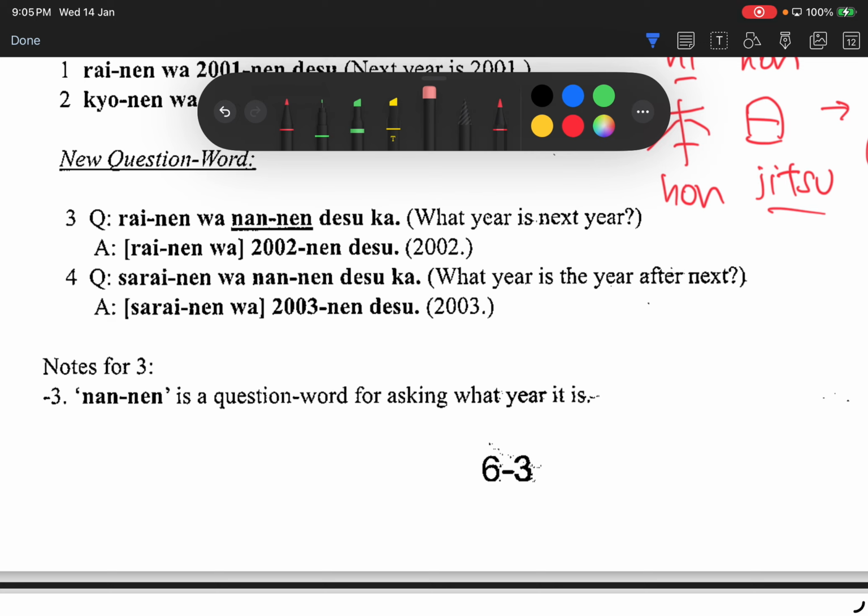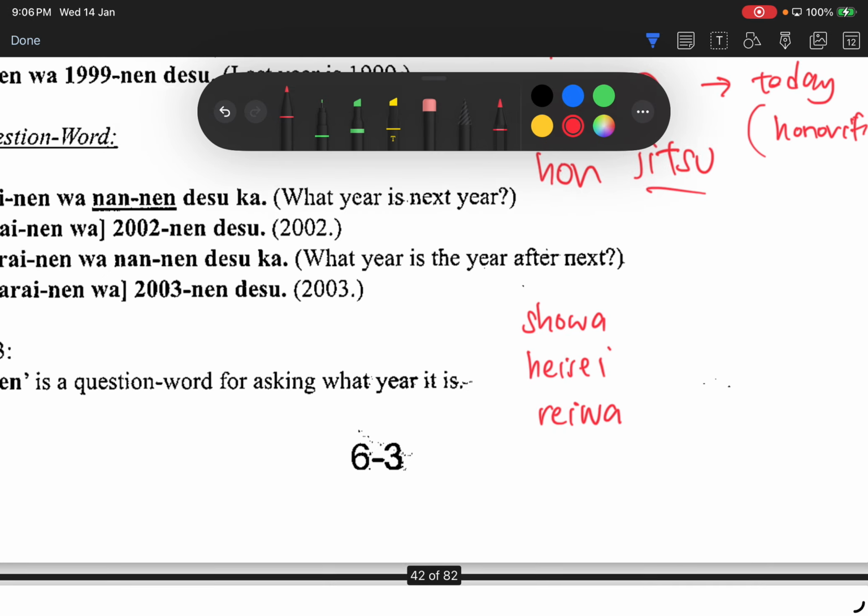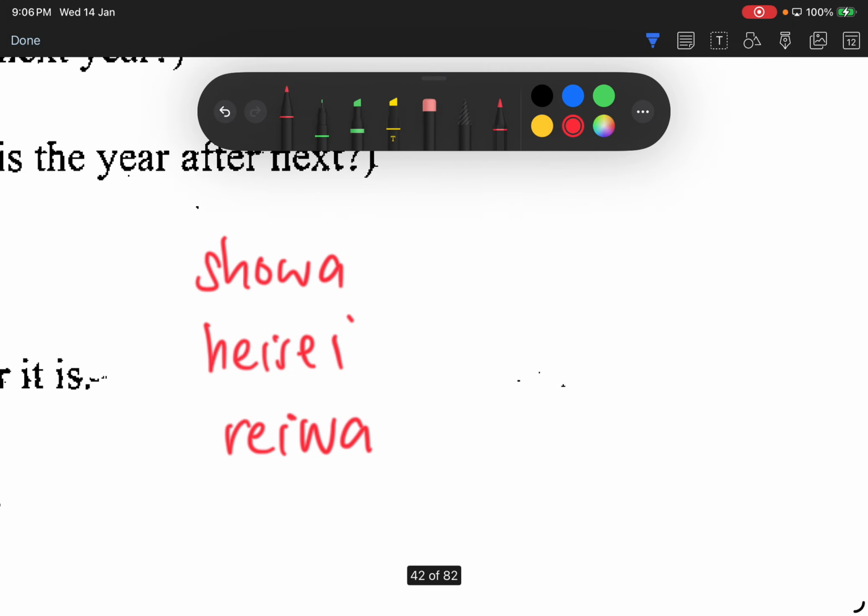They have this thing that I believe some of you have heard before: the Showa era, Heisei era, and now we are currently in the Reiwa era. Right? Heard of this before? The samurai era. Okay, Edo is a time period, it's not an era.